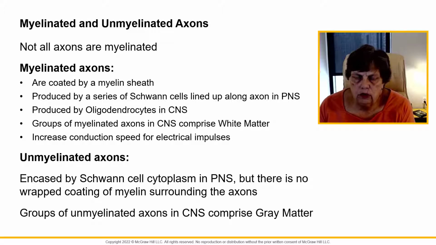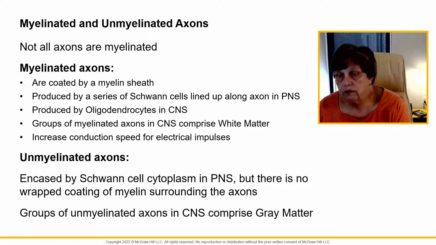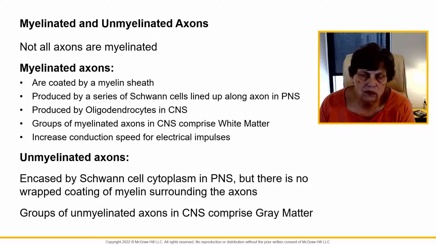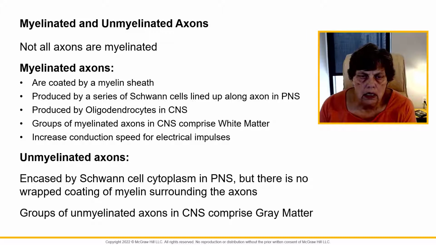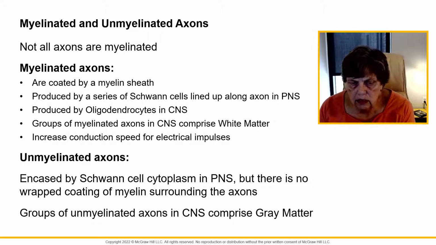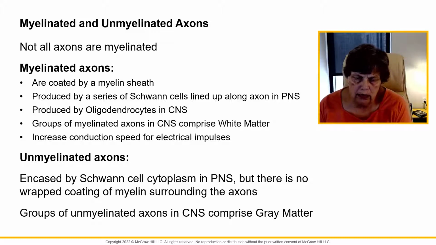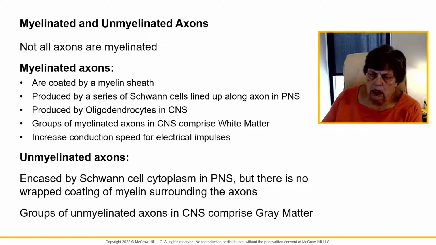If you have a group of myelinated axons in the central nervous system, it comprises what we call white matter. You have gray matter and you have white matter, and this is more internal in the brain. The unmyelinated axons are encased by the Schwann cell cytoplasm, but there's no coating of myelin around them.